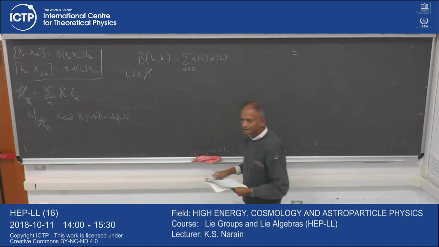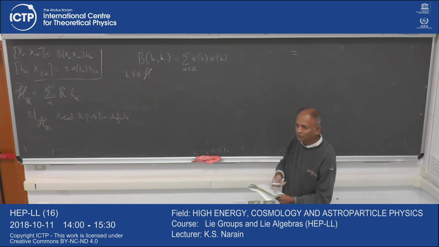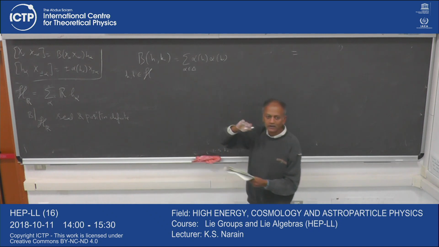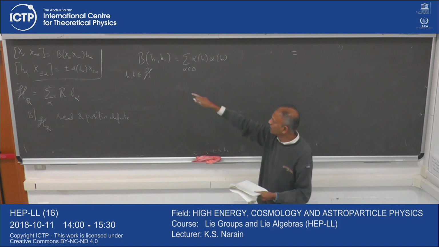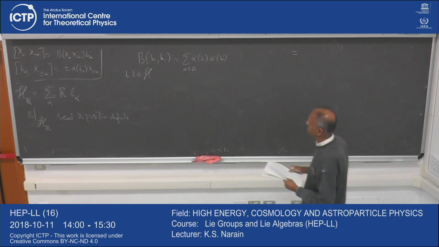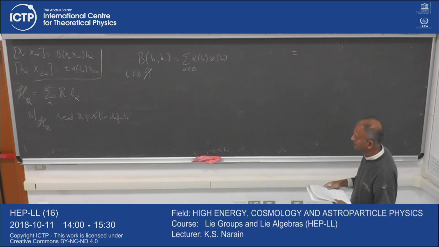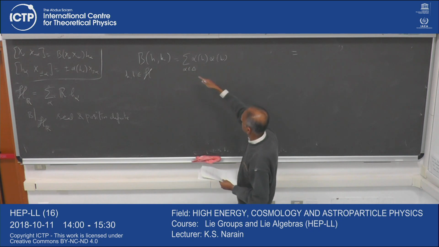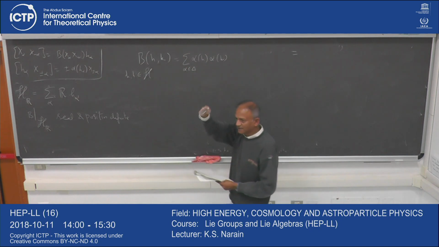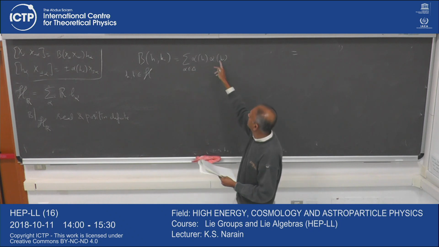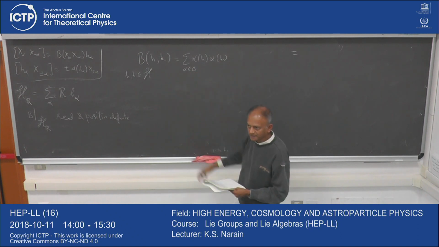Again, this factor of 2 sometimes appears, sometimes does not. When you see a factor of 2, it means one is summing over only positive roots. If you don't have a factor of 2, it means summing over all roots. So that was a general formula. This simply comes from the fact that when you write ad H, you just have eigenvalues. It will be diagonal with the eigenvalues alpha(H) and alpha(K), and then you take the trace.